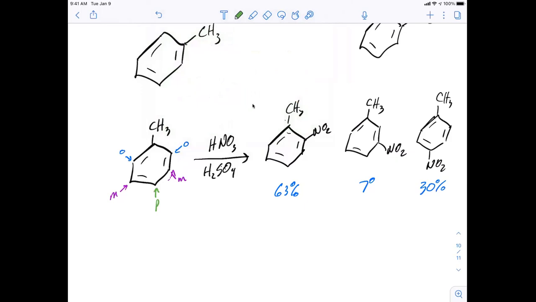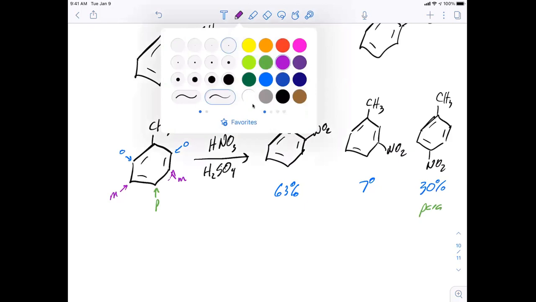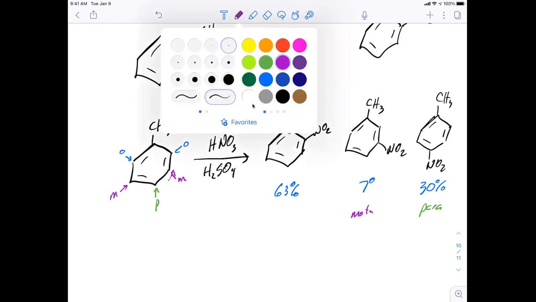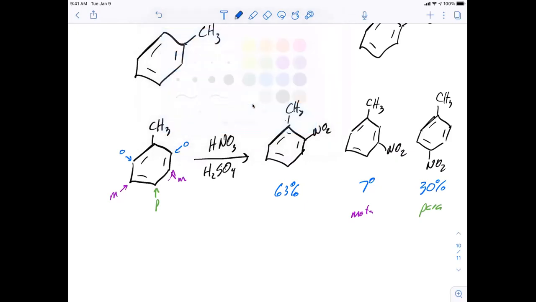So if we look at this, what is really the difference between our ortho, our meta, and our para, or meta and our ortho? Well, the meta is very, very low. Even though we have 2 of these, it's pretty low.